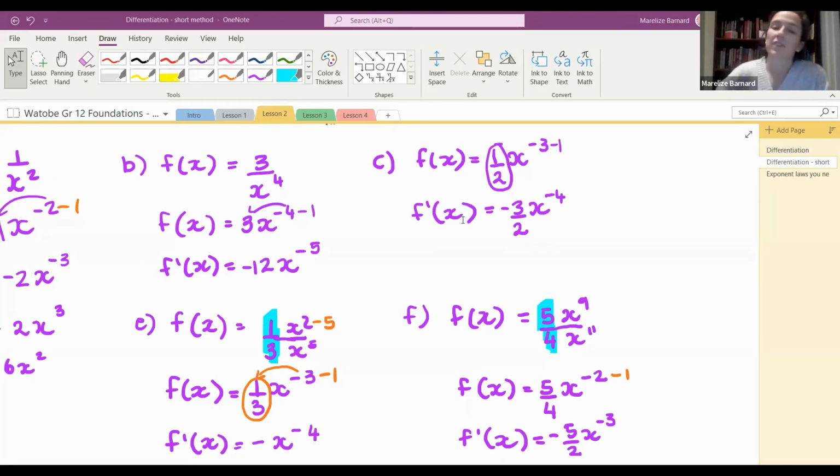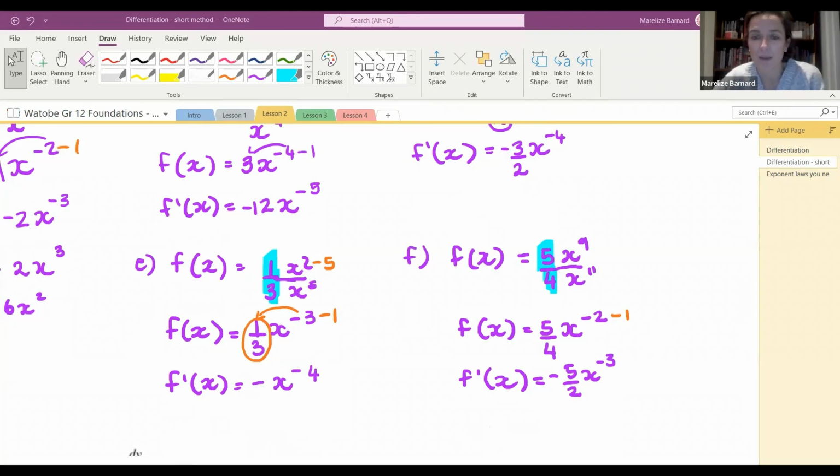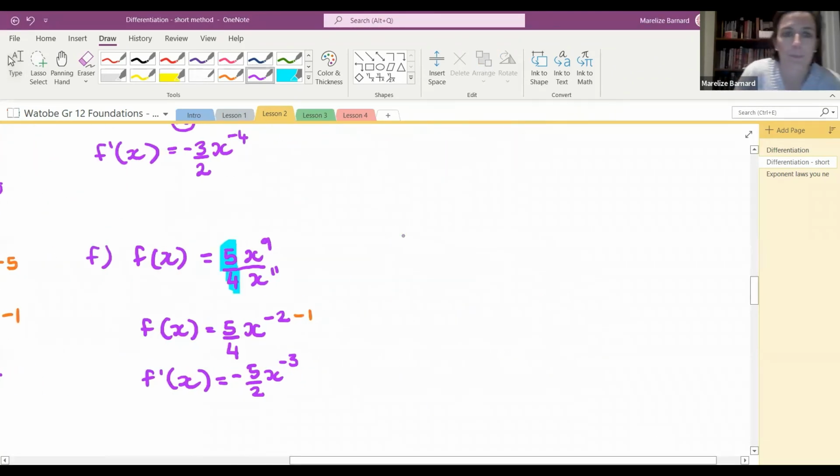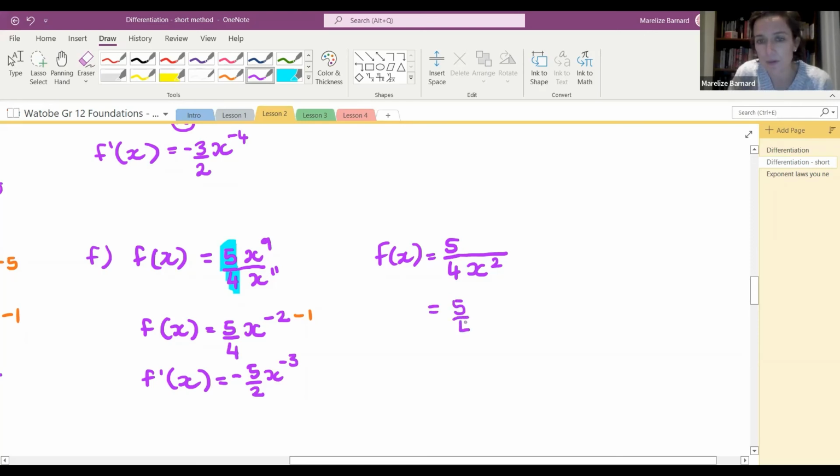If you did that, what would happen is, if I take this as an example, f of x is 5/4, and I subtracted the 9 from the 11 instead, I would still have x squared at the bottom, and then I would still have to take another step to take it up. So subtracting from the top saves you that additional step of still having to take it from the bottom to the top if you went the other way around.